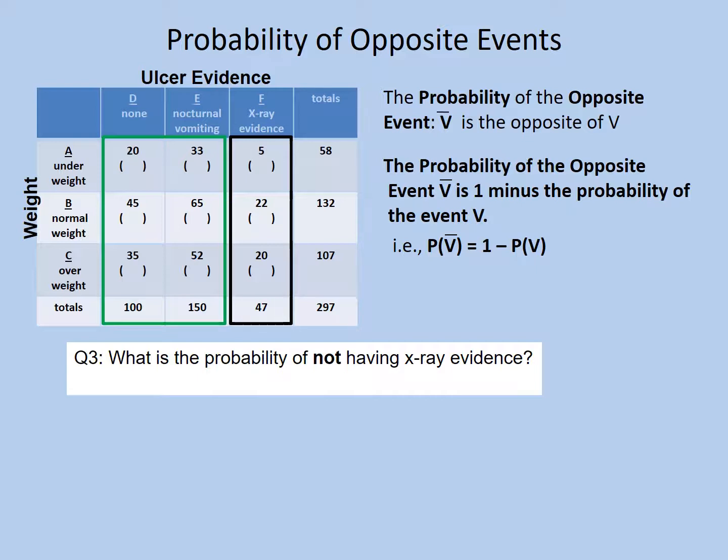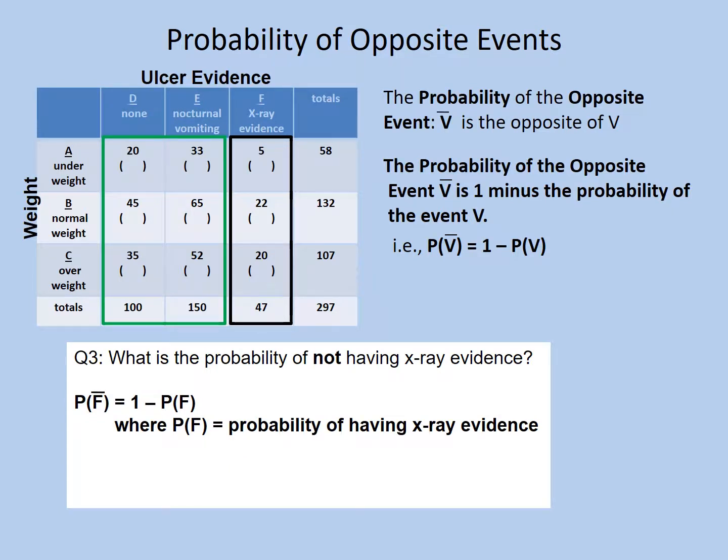For a third question about opposite events, what is the probability of not having X-ray evidence? Since F is the event of having X-ray evidence, F bar is the opposite event.